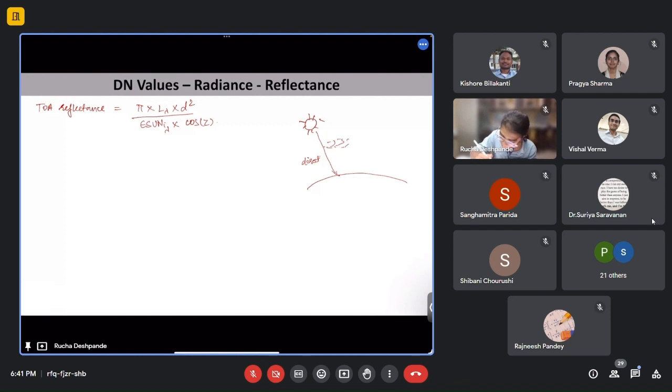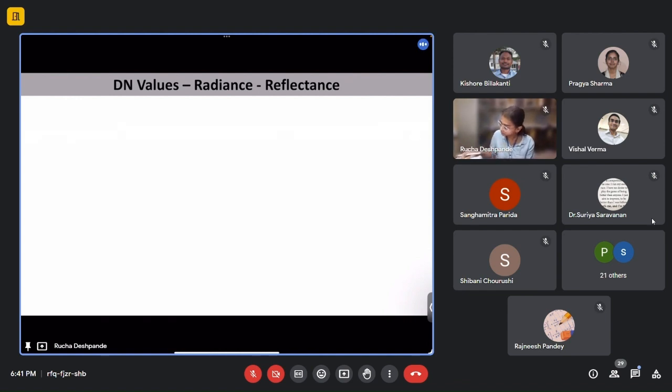Then the incident light also hits different gases or particles in the atmosphere, and these particles scatter the light, which is also incident on the surface. And there is also path irradiance, where the sunlight directly reaches the sensor. So that energy is also being measured by the sensor, and that also needs to be corrected.